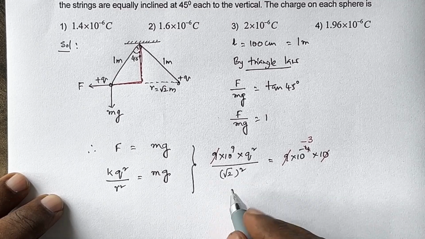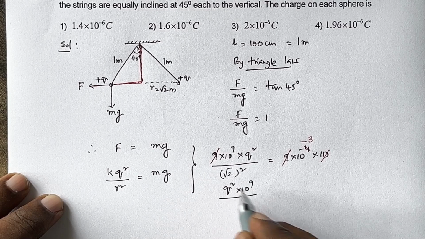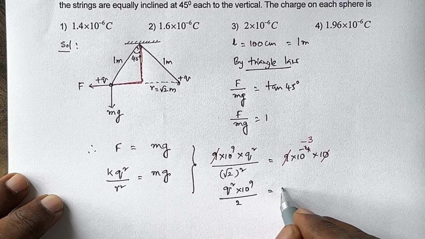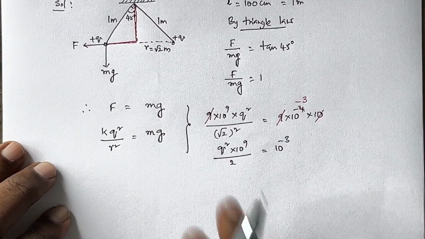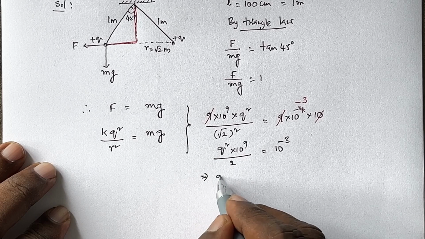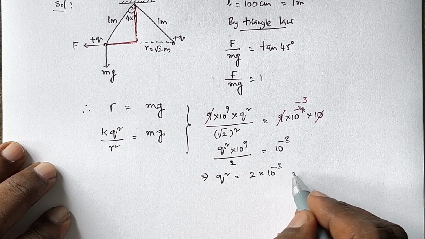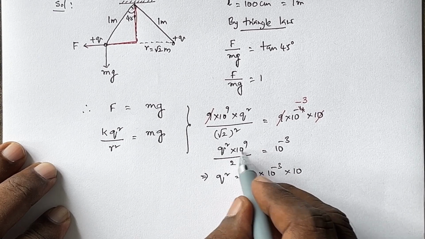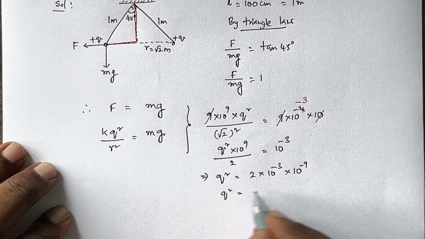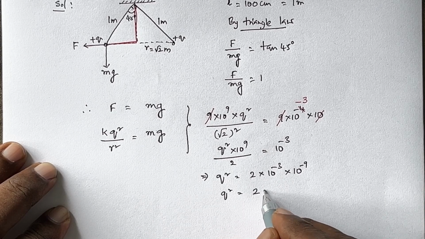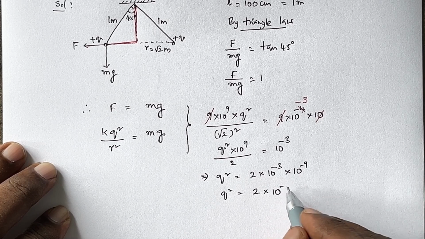So here we have q square into 10 to the power of 9 by root 2 square, which is 2, equal to 10 to the power of minus 3. Now we need the q square value. So q square is equal to 2 into 10 to the power of minus 3 into 10 to the power of 9 goes to that side as minus 9. So q square is equal to 2 into 10 to the power of minus 9 plus 3, which is minus 12.